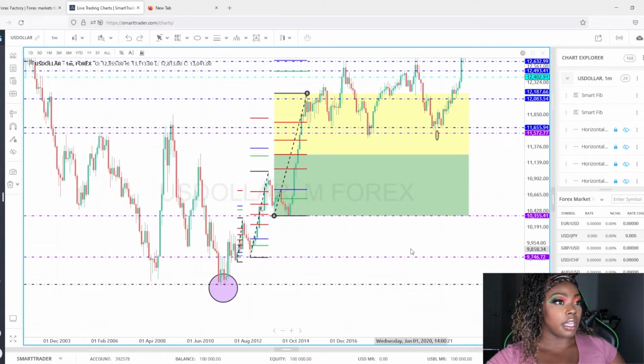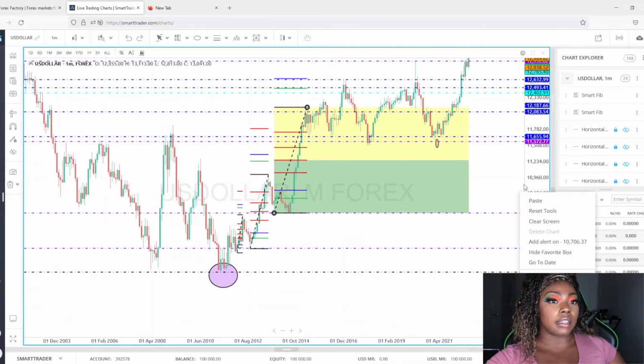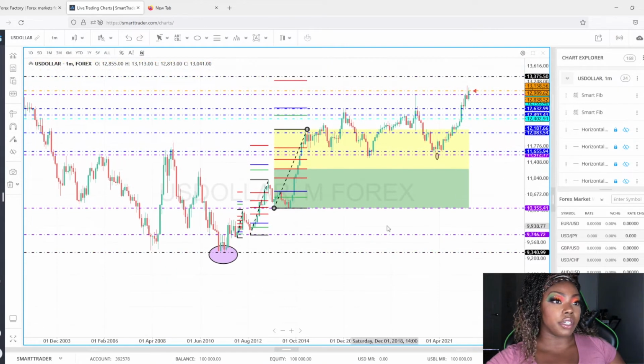Looking at the monthly here, I did run a fib for the most recent lowest low, which was in July of 2011. Since then, we can see that we have been on an uptrend. So just to see where we're currently at, we're somewhere in here.